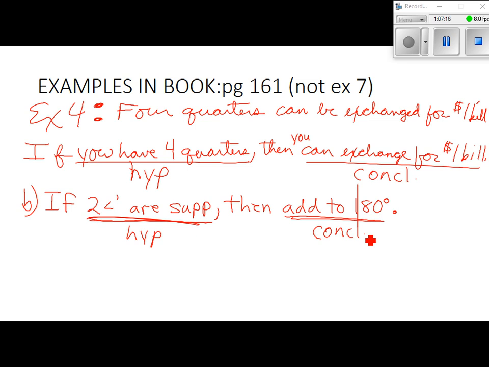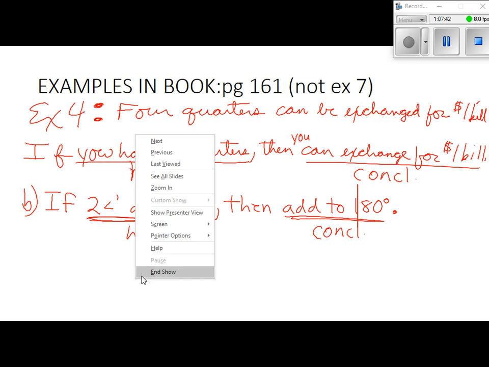Flip forward to the next page. Yeah, we're going to skip right there. The assignment's on your paper, right?